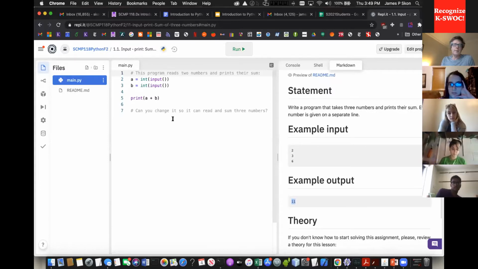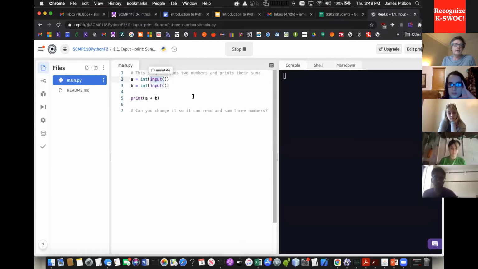So here's a problem, here's some code. Now let's see what this code does. This code says a equals int input, b equals int input, and then print a plus b. When I run it, it's asking for a number. So I type in, let's say, 3.